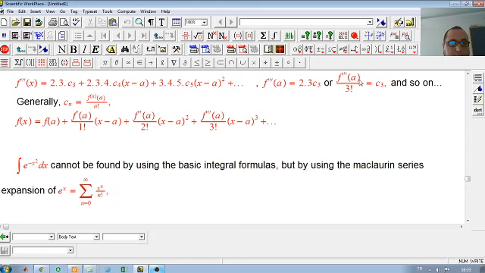So instead of x we will write minus x squared.